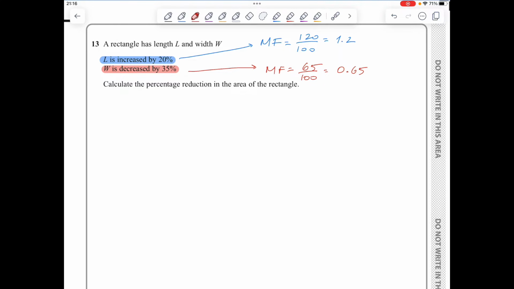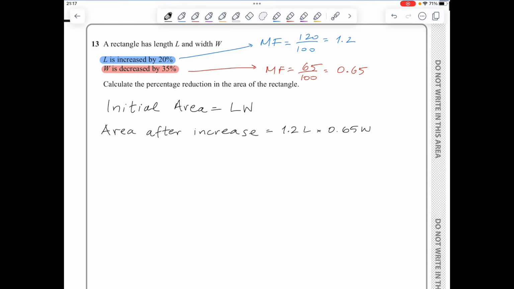Now the initial area is L times W, and the area after the change is equal to 1.2 L times 0.65 W. Now if you multiply those two numbers, you'll get 0.78 L times W, and note that LW is the initial area, so the new area is 0.78 times the initial area.